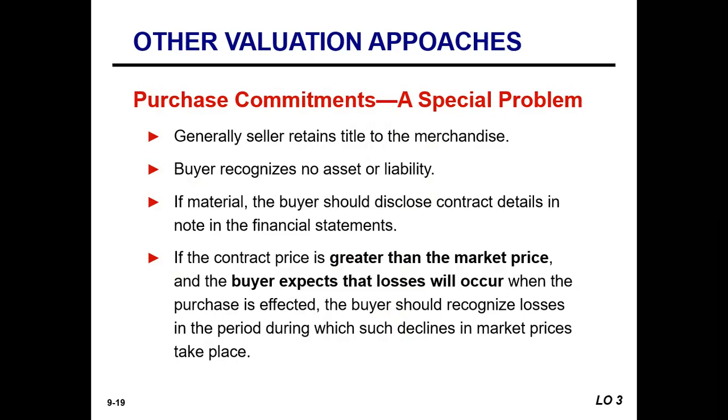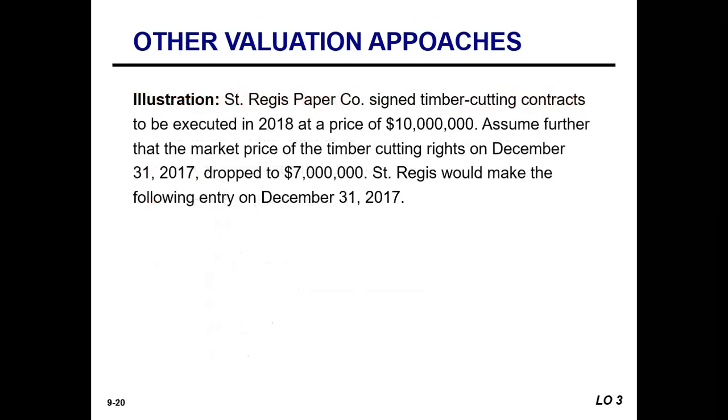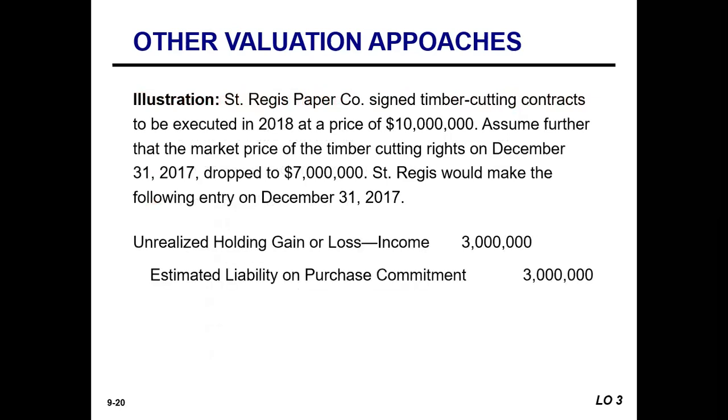So this is where we're going to end up using that unrealized gains or losses account that we've talked about together before. So here's an example of that. It says St. Regis Paper Company signed timber cutting contracts to be executed in 2018 at a price of $10 million. Assume further that the market price of the timber cutting rights on December 31st, 2017 dropped to 7 million. So we've signed a contract for 10 million, but now the price of the cutting rights has dropped to 7 million.